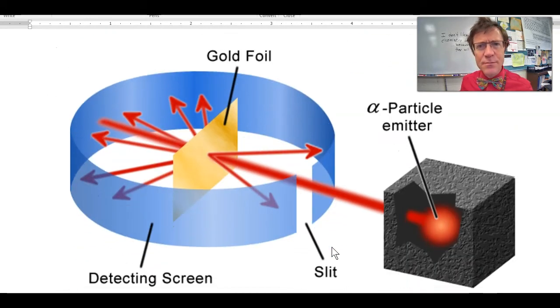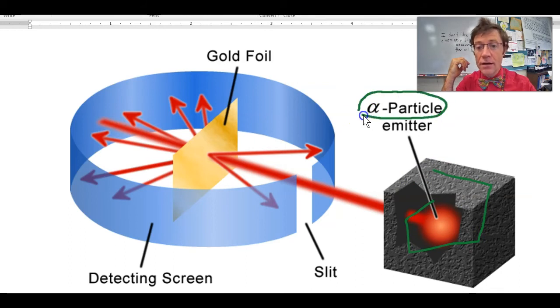So this is his experiment, and I need you guys to really dial in on this experiment in particular because it was so earth-shattering. People like to look at this one. And so this is what it was. This is basically a big lead brick with an alpha emitter. An alpha particle is a kind of radiation that, compared to other radiation, is huge.